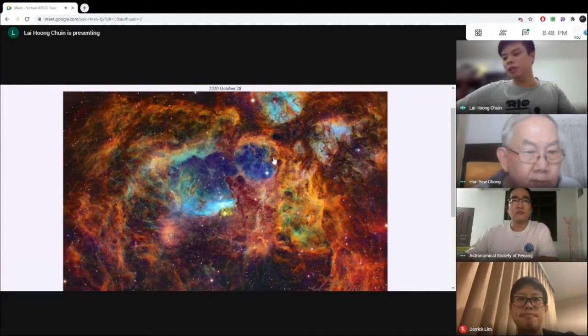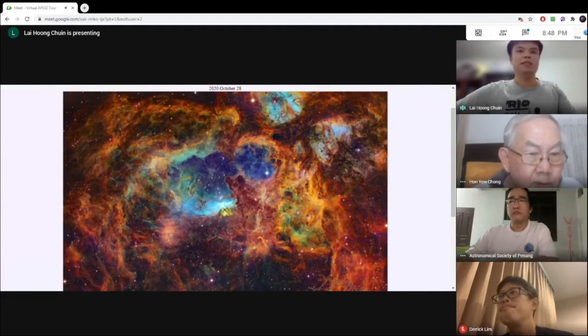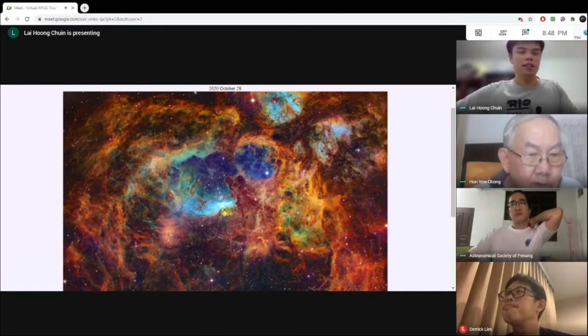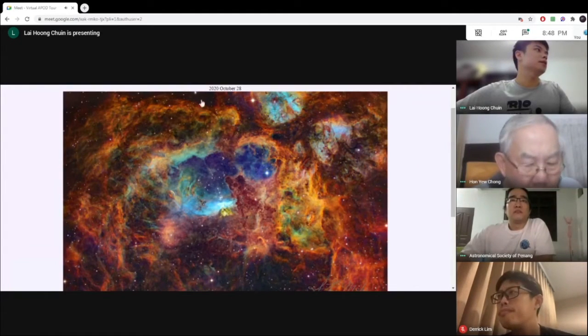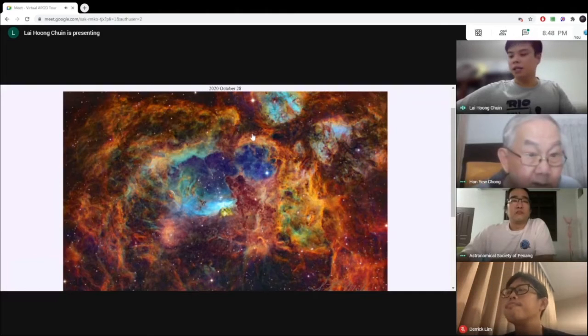That means it's not inside the Milky Way. And why I like to pick this APOD photo is because this Lobster Nebula is famous. Famous for what? It produces a lot of massive stars.